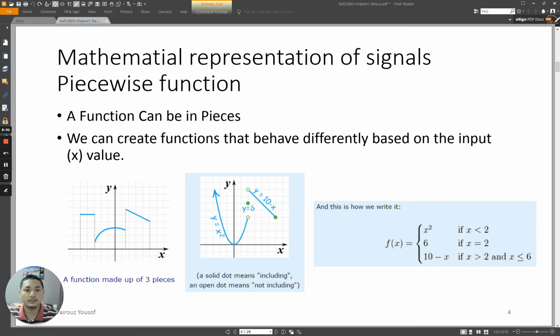Alright, so we can create functions that behave differently based on the input x value. So before this, instead of just having one graph in a figure, we can draw multiple graphs in one figure using piecewise function.